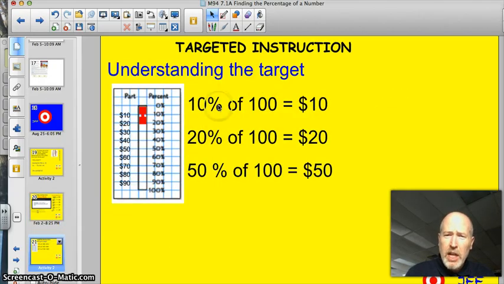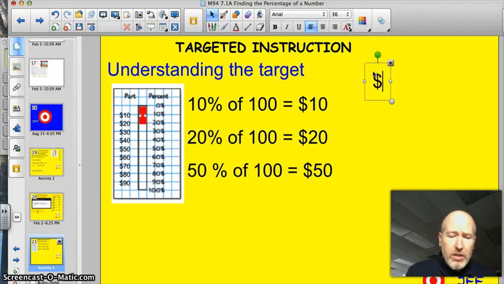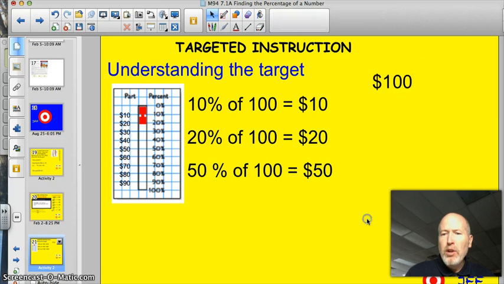All right, before we try some problems, I want to make sure we understand what we're doing. If you want to buy something that, let's say, costs $100, a pair of shoes, for example, and you pay 10% of that, you're only going to pay $10. If you pay 20%, you will pay $20.